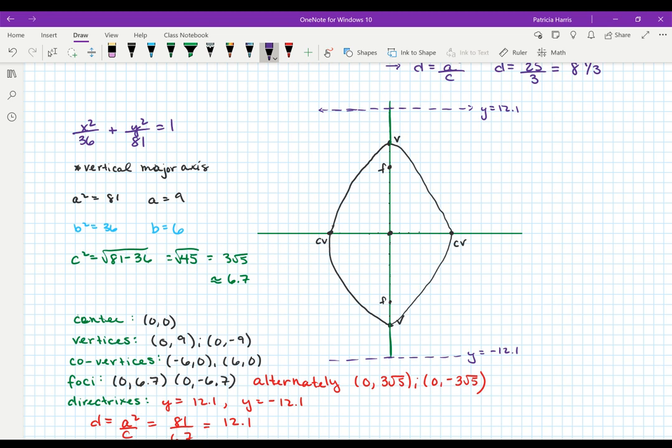And just like that. Okay, so that's not too bad. It is a lot though, but it's not bad. Okay, just kind of have to convince yourself that if you can count, you can graph an ellipse.